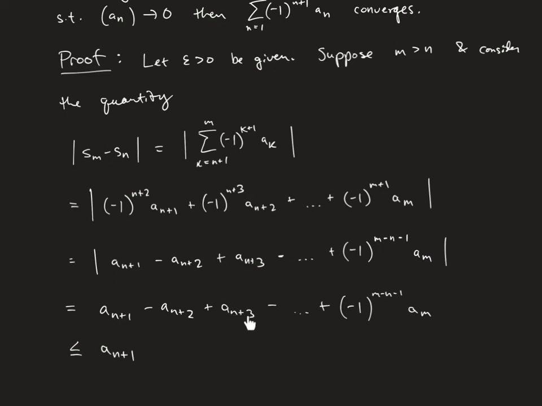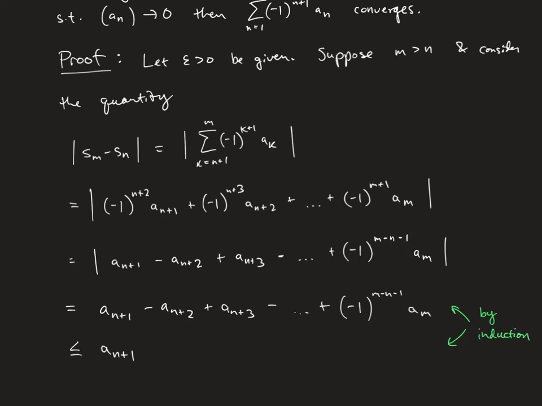Then when you add back a_(n+3), that's not quite as much as you subtracted off before, so that's still less than a_(n+1). Then you subtract something off that's even less, and you add something again, but it's less than what you subtracted off. So you're always going a little bit down every time. Every one of these pairs, the minus and the plus, is always less than or equal to 0. Both of these are straightforward induction arguments.